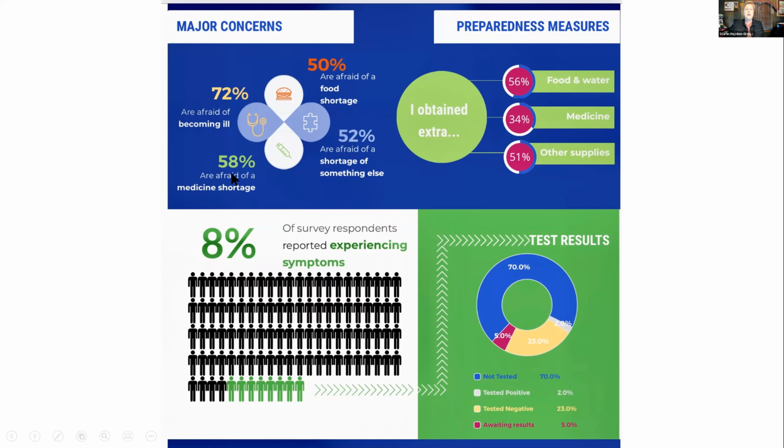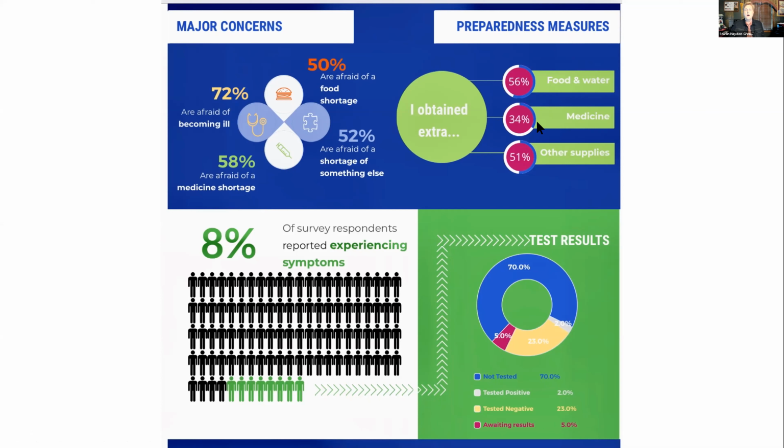Only 58 were afraid of medicines, and 72 were afraid of becoming ill. So what I'm trying to show you is that your patients have a concern and will need our help as pharmacists, because we've been running toward the fire.